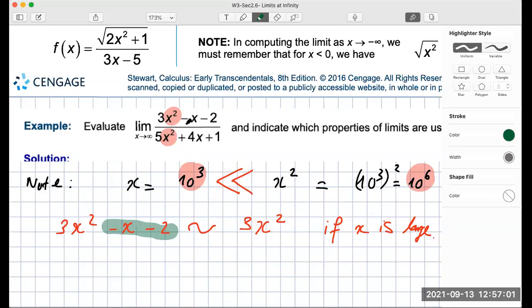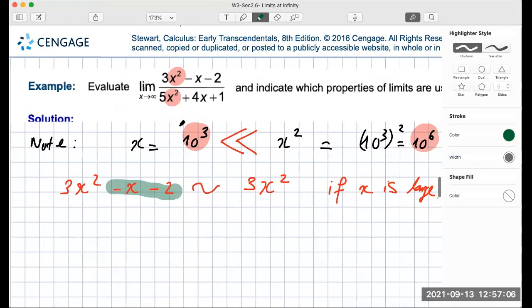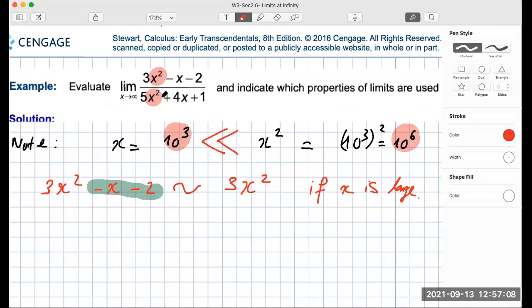Okay. So in order to find the limit of this guy, we see that if x becomes very large, the numerator will be going to infinity and the denominator is also going to infinity. We cannot compare the two of these, right? So what should we do to get rid of this?